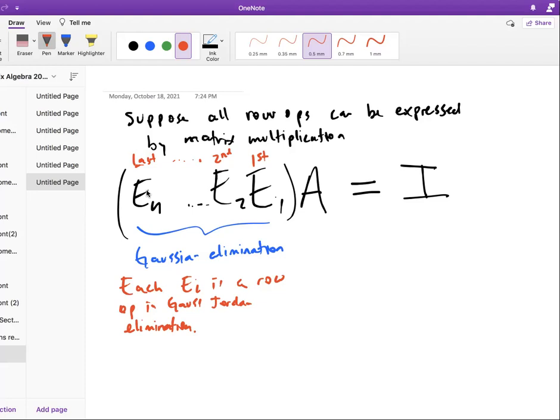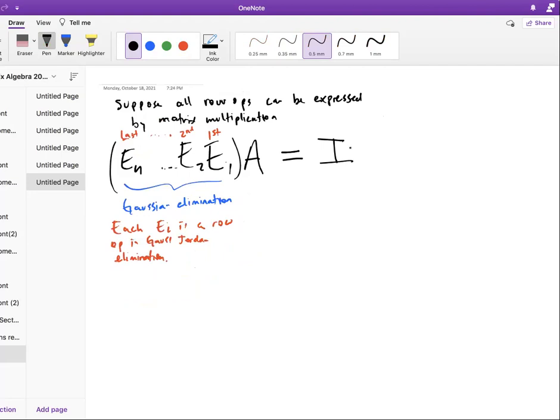So what does that imply if you can do this? We have a product of two matrices that give the identity matrix. So what does that mean? Inverse, correct. And that's very nice, right?